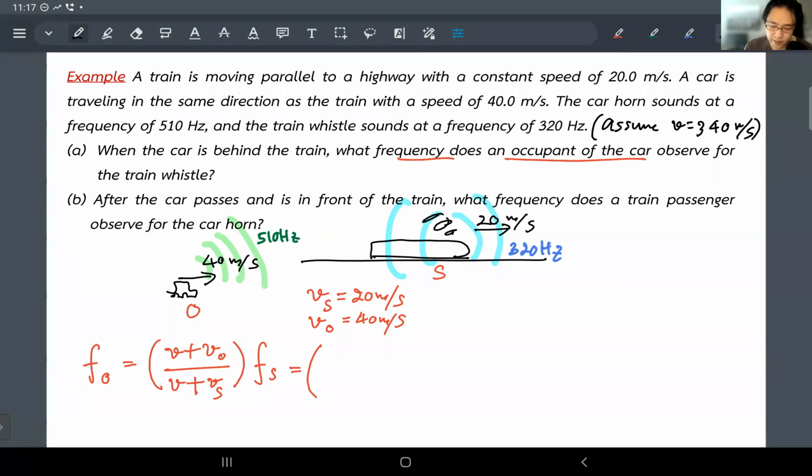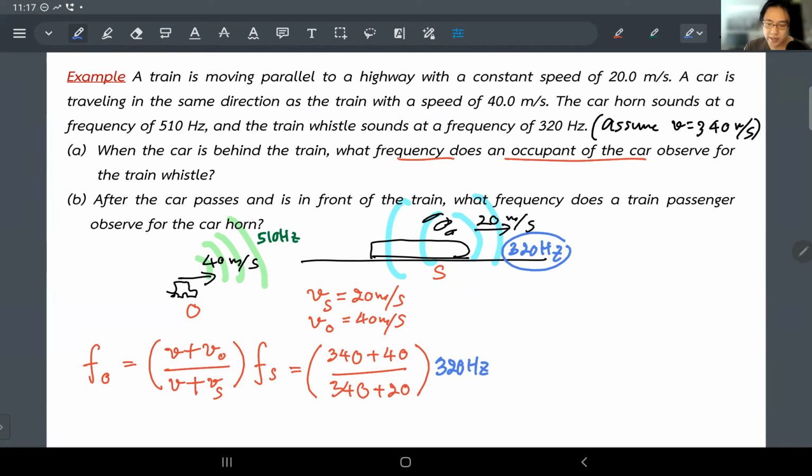So we plug in the speed of sound plus the speed of the observer, which is 40, the car speed, divided by 340 again minus the speed of the train, which is the source. And the source frequency is the train whistle, 320 hertz. Does that make sense? And you are done.